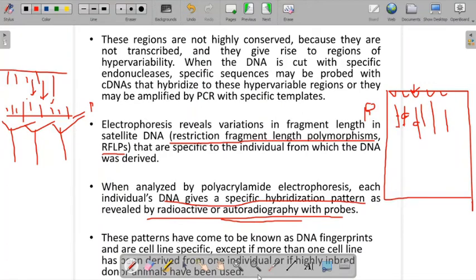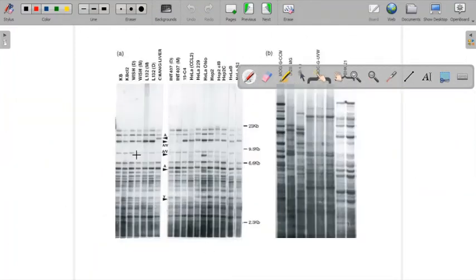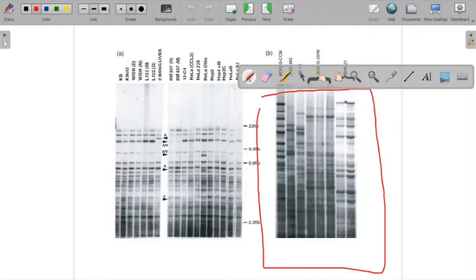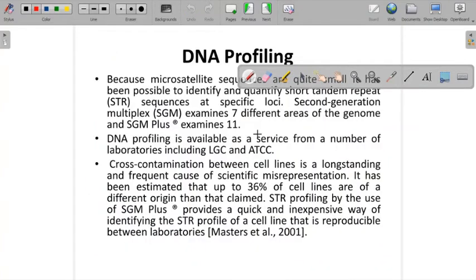So these are different techniques that we are talking about, and this is how autoradiography or radiolabeling dye works. We can watch it. These are a few examples, because there are different cells, and we hybridize them with the specific probe, the RFLP probe, and we analyze which cells produce a high number of such DNA. That's how we examine it.